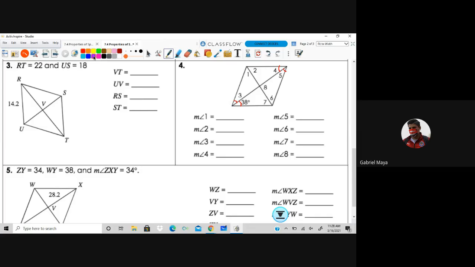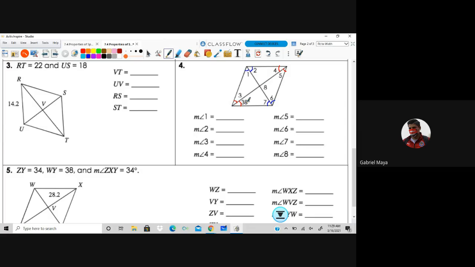And I can also say the following. This angle is congruent to this one, and this one is congruent to this one. Why? Because again, the diagonals are bisecting them.